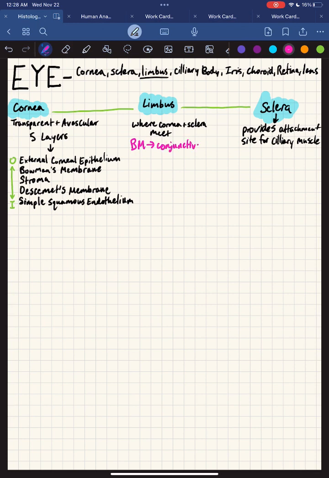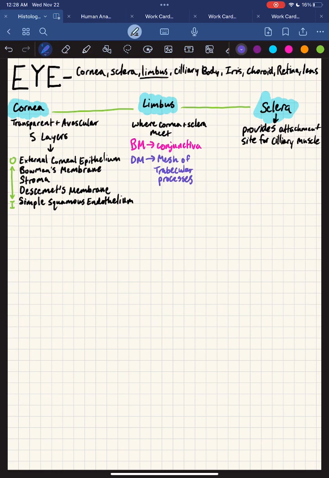Could not explain it to you, but now you know that the Bowman's membrane becomes conjunctiva when it reaches the limbus. At least you know that. And the Descemet's membrane, when it reaches the limbus, it becomes a mesh of trabecular processes.